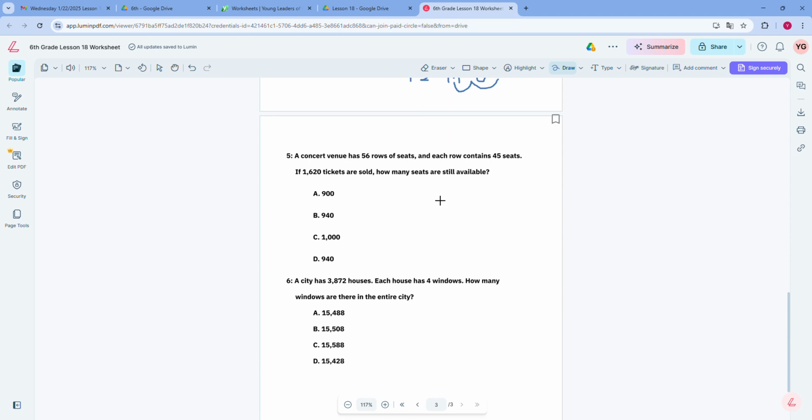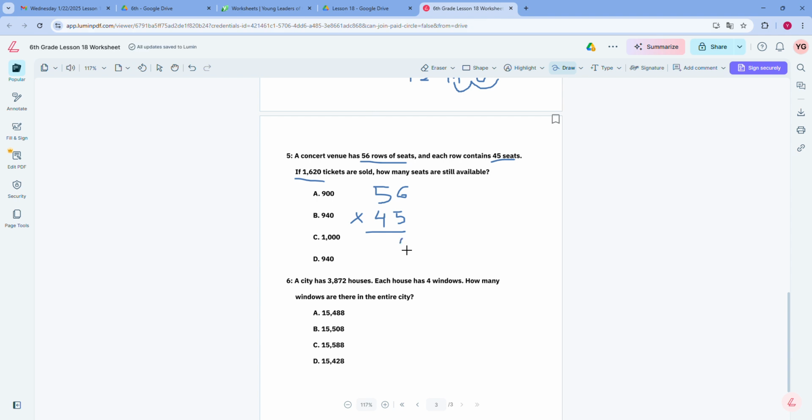A concert venue has 56 rows of seats, and each row contains 45 seats. If 1,620 tickets are sold, how many seats are still available? So first thing we want to do is find the amount of seats that are possibly available. And to find the number of seats available, we can do 56 times 45.